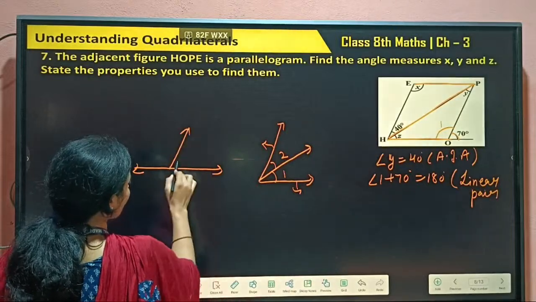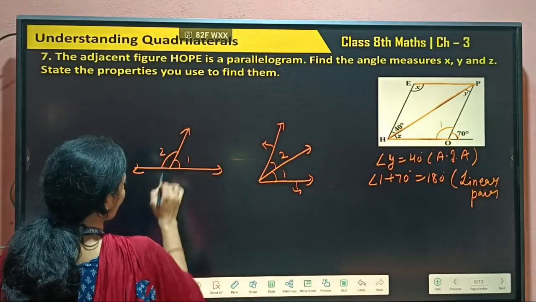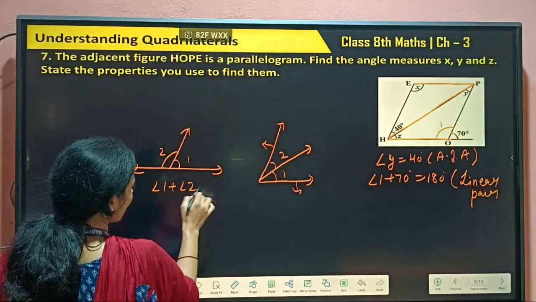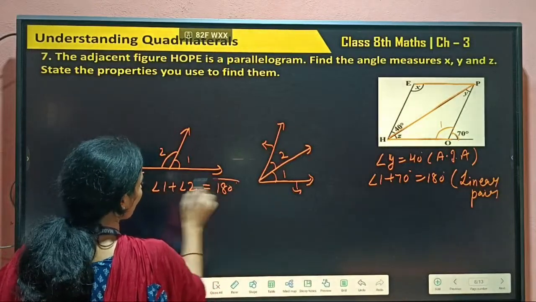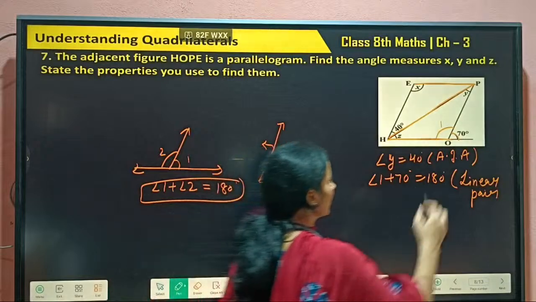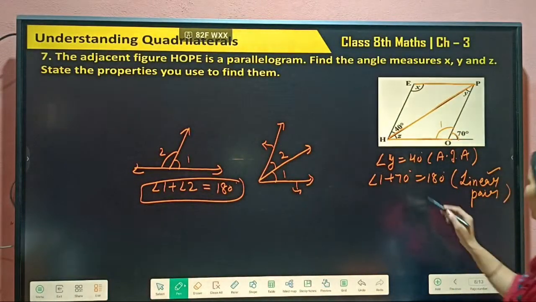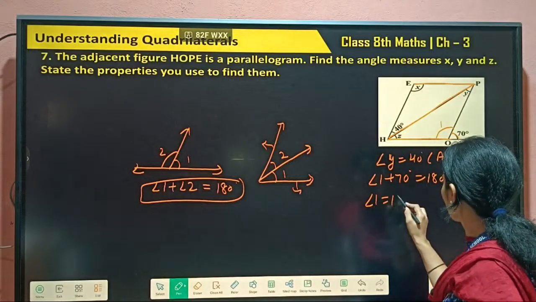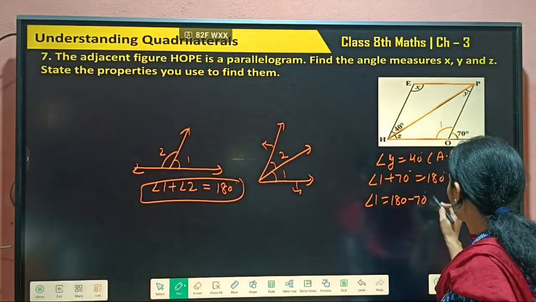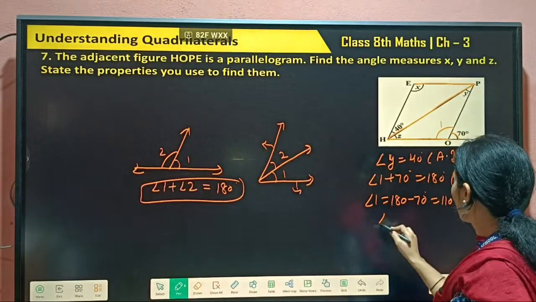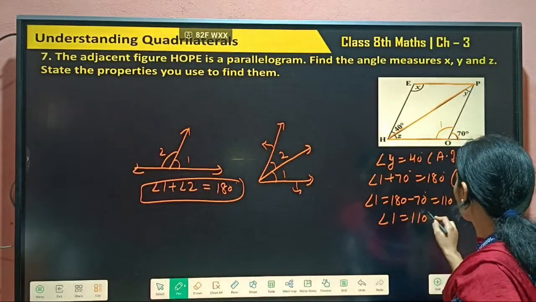We know the property of a linear pair: angle 1 plus angle 2 is 180 degrees. Same here, angle 1 plus 70 equals 180. From there, angle 1 equals 180 minus 70, that is 110. Angle 1 equals 110.